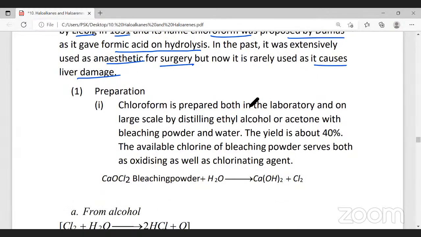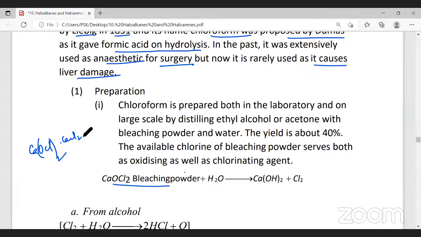Chloroform is prepared both in the laboratory and on a large scale by distillation of ethyl alcohol or acetone with bleaching powder and water. The yield is about 40%. The available chlorine from bleaching powder serves both as an oxidizing as well as a chlorinating agent. See, the bleaching powder chemical formula is actually Ca(OCl)2.CaCl2.Ca(OH)2.H2O.